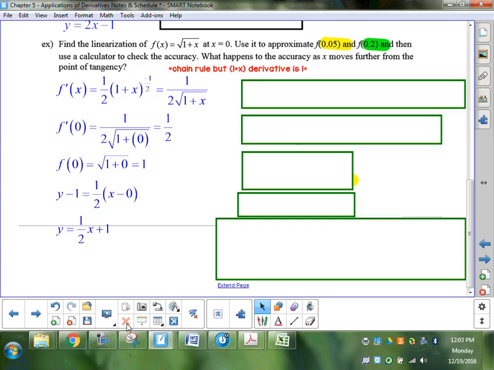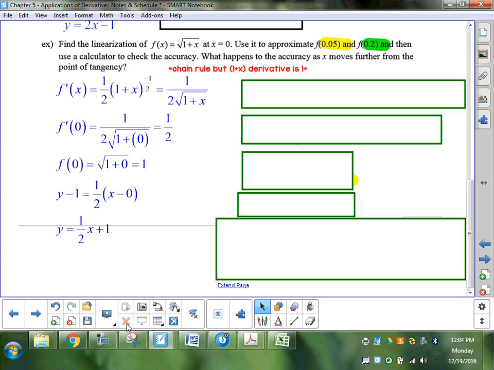We're going to need to evaluate that out at 2 different values. Careful. We're not going to use the original function. We're going to try to get something really close to that original function. We're going to evaluate out the tangent line at 0.05.